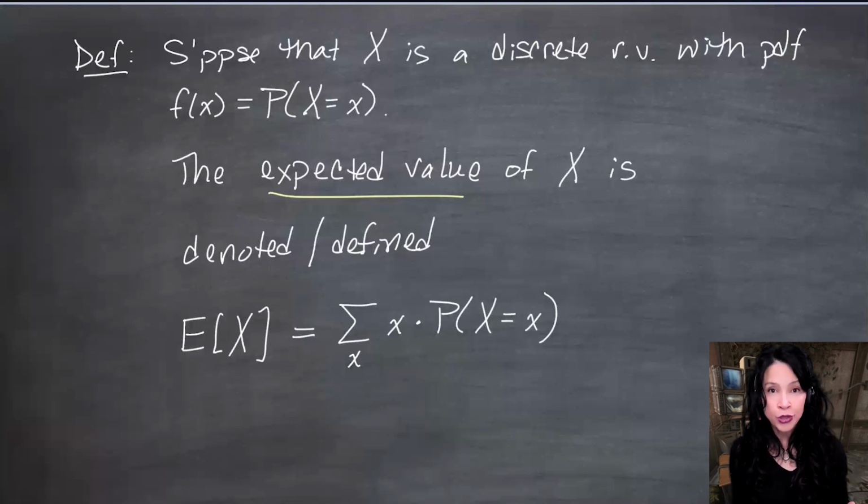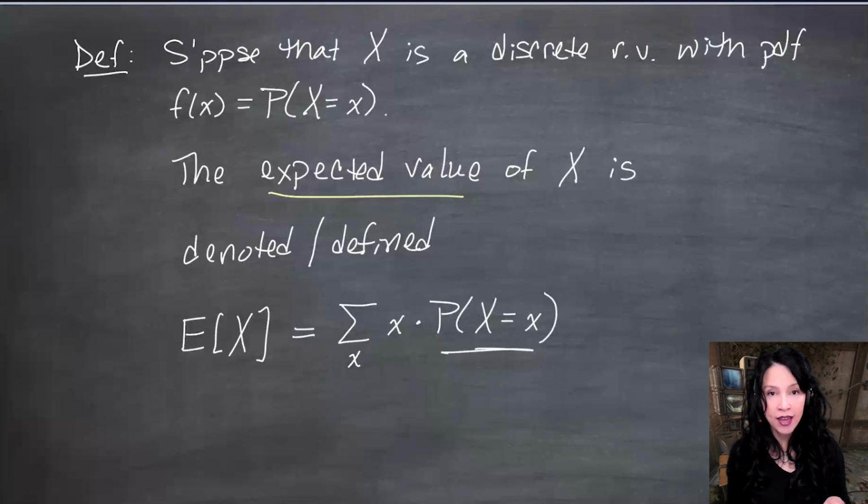Our PDFs also have supports, and the support of a function is the place where the function is non-zero, i.e. interesting to us. So you want to sum over the support of the distribution, but it doesn't matter if you sum over every possible number because if your random variable doesn't take on that number, this probability here is going to end up being zero in a lot of places.